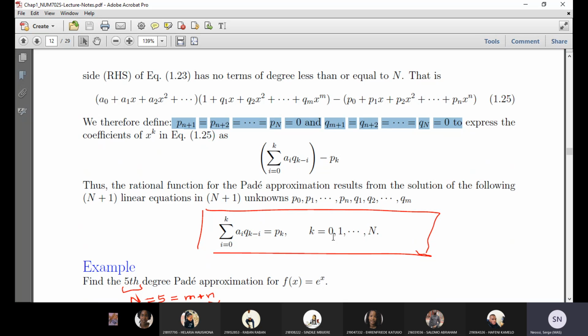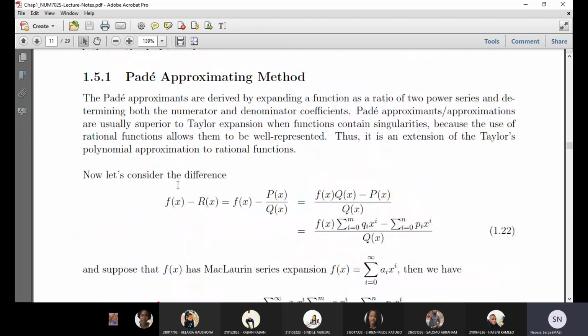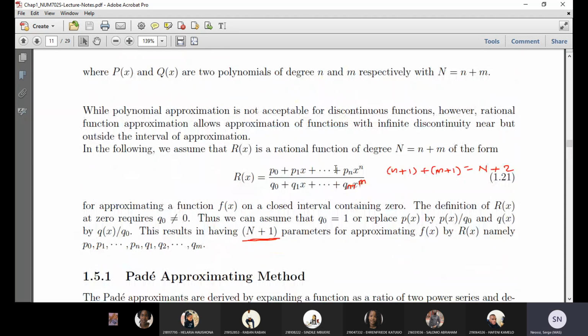But since k here will exceed n, each time P_k appears for k greater than n, that P will be set to 0. Because if you look at the expression of P here, P exists up to Pn. So if the subscript of P is greater than n, that is set to 0.